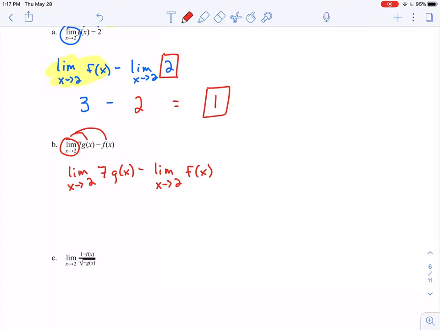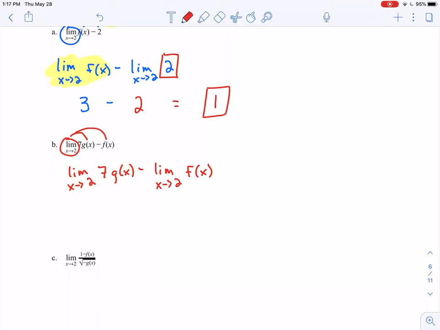Now, this piece right here, I could go ahead and evaluate right now, no problem. But the first term, I do have a little bit more work to do with. So I'm going to hold off. I like to evaluate all of my limits at the same time, just so that I don't get confused. So I'm going to hold off on that.